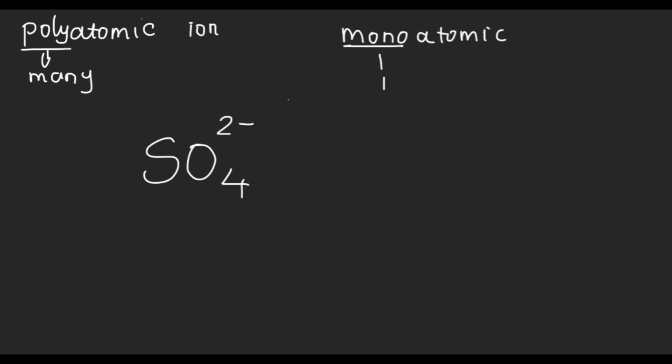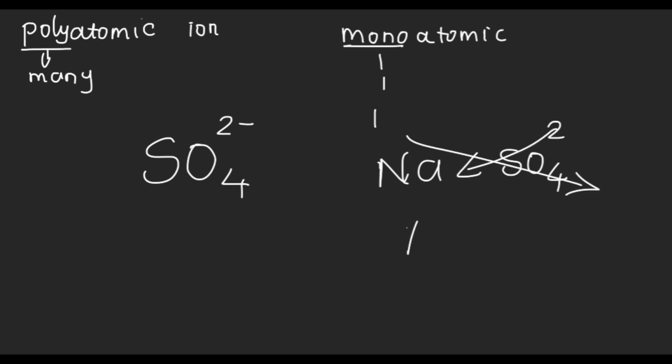If you are writing the chemical formula of a compound, then this 2 is treated as a valence. For example, sodium with a valence of 1, then sulfate with a valence of 2. If we use the crisscross method, this will give us sodium sulfate, Na2SO4. So the charges, when it comes to writing the chemical formula, are used as the valences.